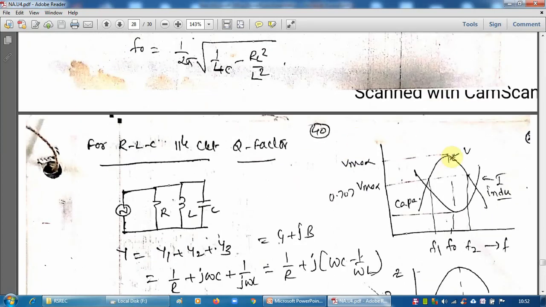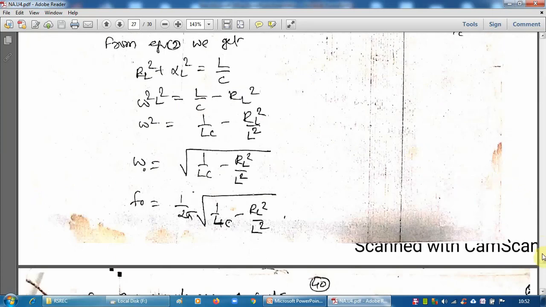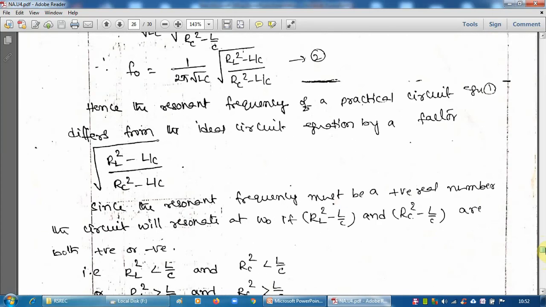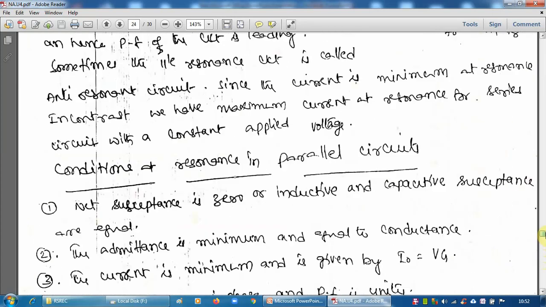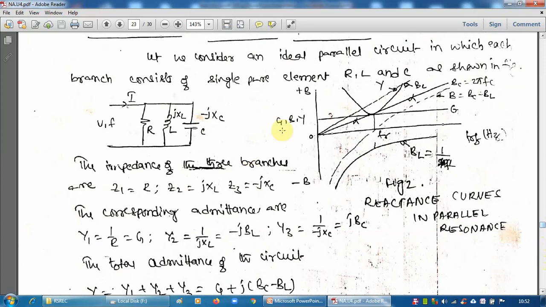So we have seen how admittance varies for the parallel circuit. Y, the admittance of the total circuit, varies like this in a V curve fashion.